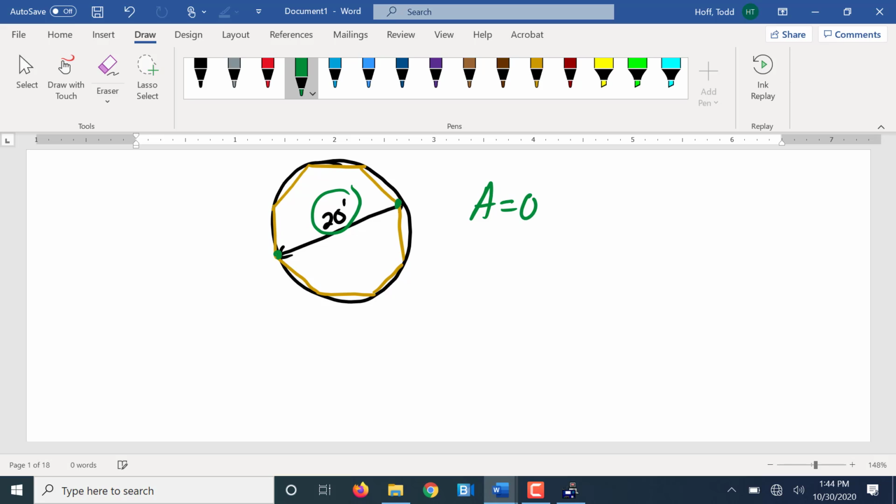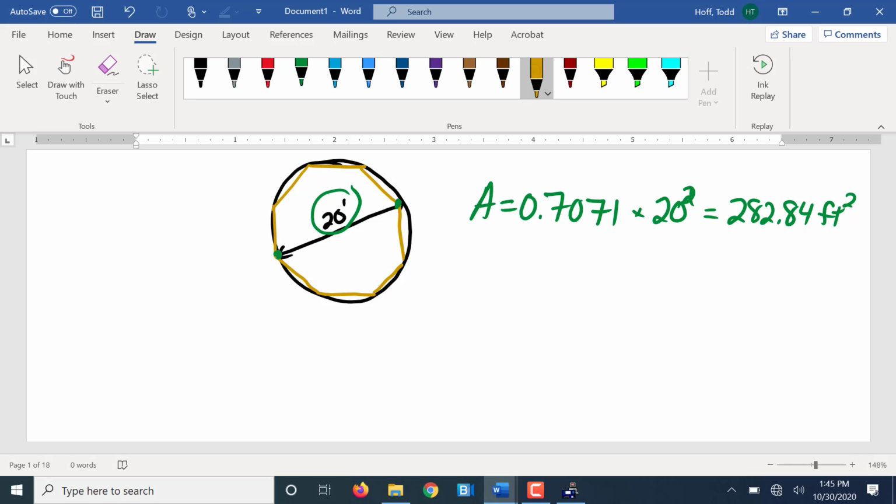So my area, 0.7071 times that diagonal of 20 feet squared, which gives us 282.84 square feet. And now we work backwards to find the length of the side. So what formula are we going to use here? 282.84 equals, careful, we're working backwards now for the side.